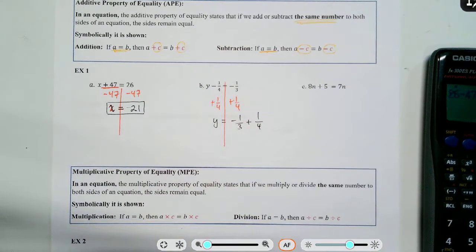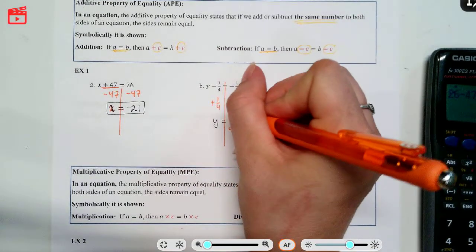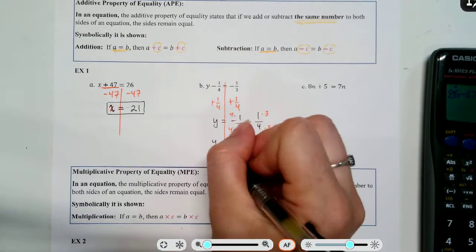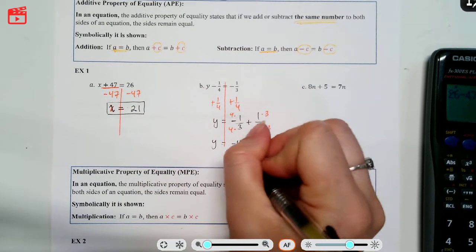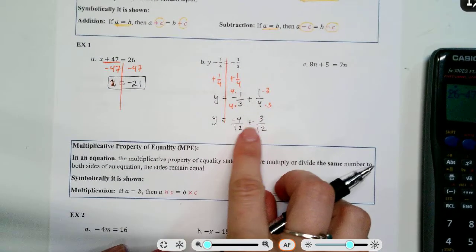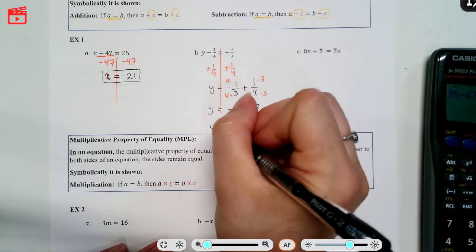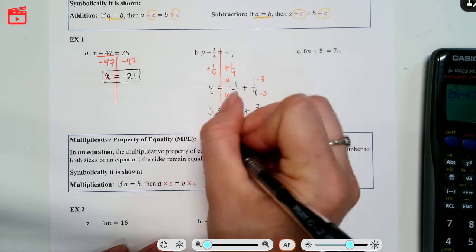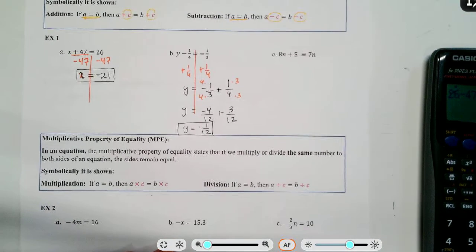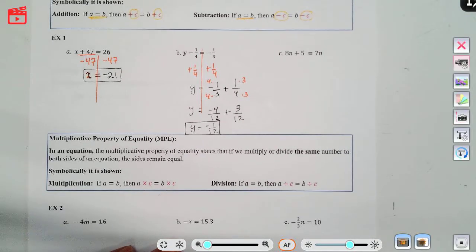So we can create common denominators there to add or subtract the fractions. So negative 4 plus 3 over 12 is going to be y equals negative 1/12. And that is my solution for C.